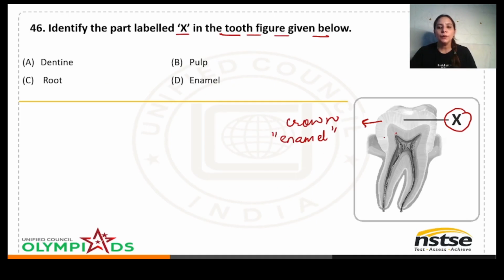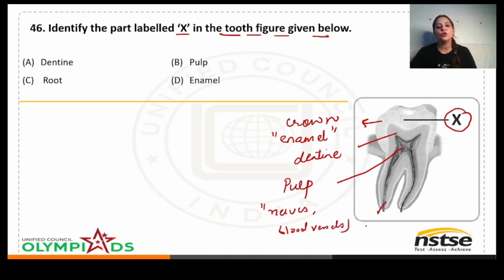Lower to it is the dentine, the part which forms the entire tooth, and inner to this that you can see is the pulp cavity, which contains nerves and blood vessels. And this one is root.